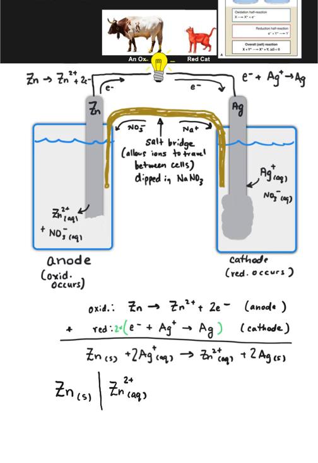This solid vertical line represents a difference in phase, or a phase boundary, between solid and aqueous. We had a solid electrode for zinc and a solution that contains zinc cation.